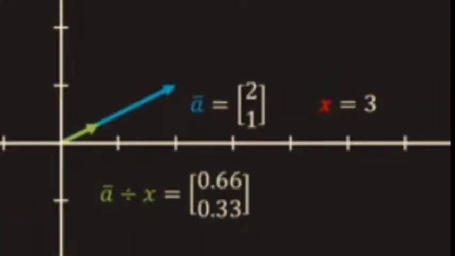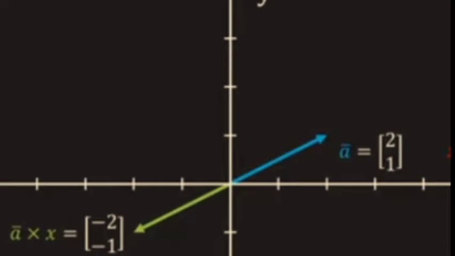How about in division? So, pag division, we notice that the vector from its original length, yung kulay blue, if we are going to divide it by 3, we can see that it has shrunk 3 times from its original length.